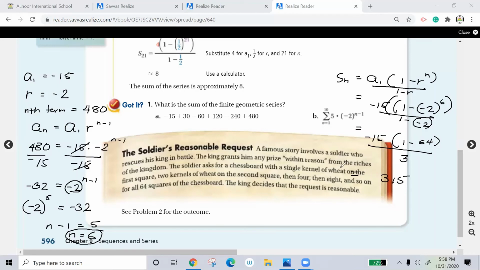So it means the sum of those 6 terms is equal to 315. And the sum of the geometric series is 315. Okay, next.